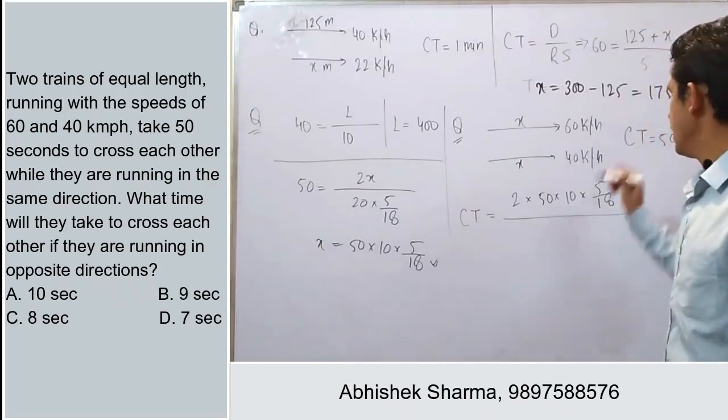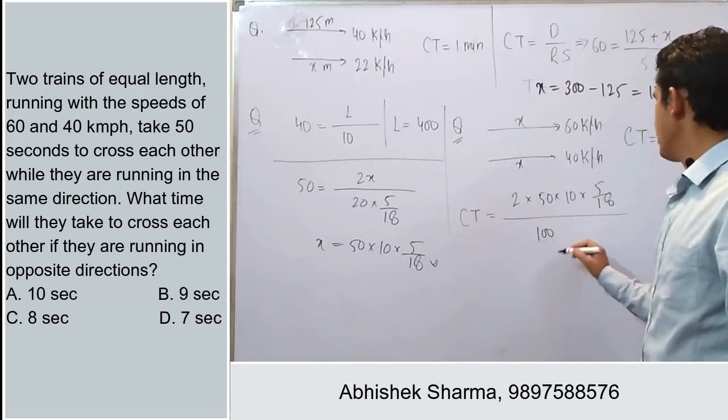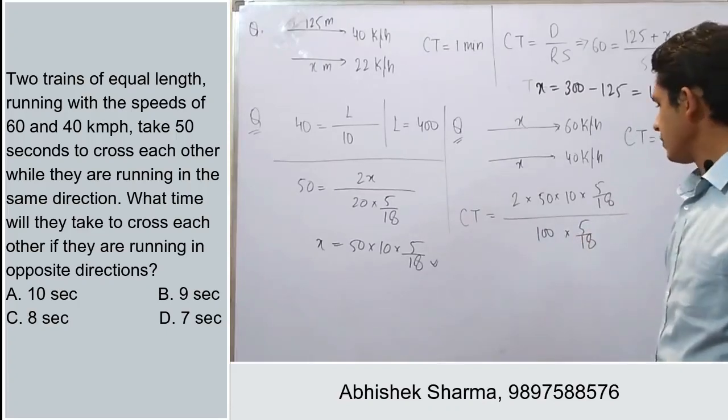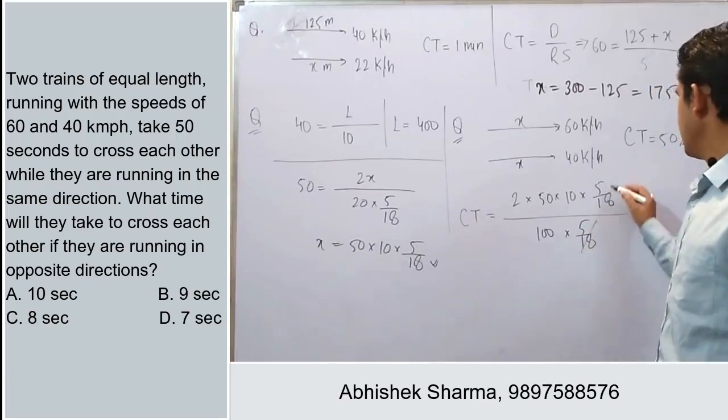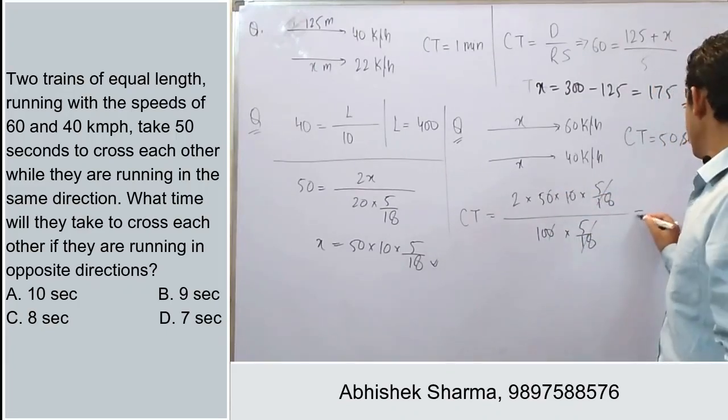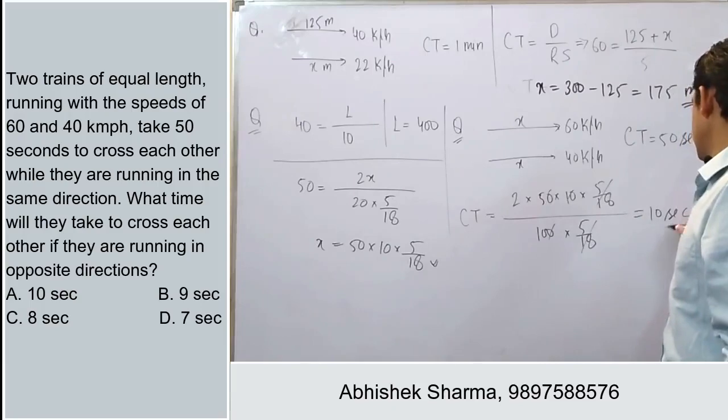So here we can check, when the trains are running in opposite direction, the relative speed will be 100 here, and we can calculate the crossing time. This will be 10 seconds.